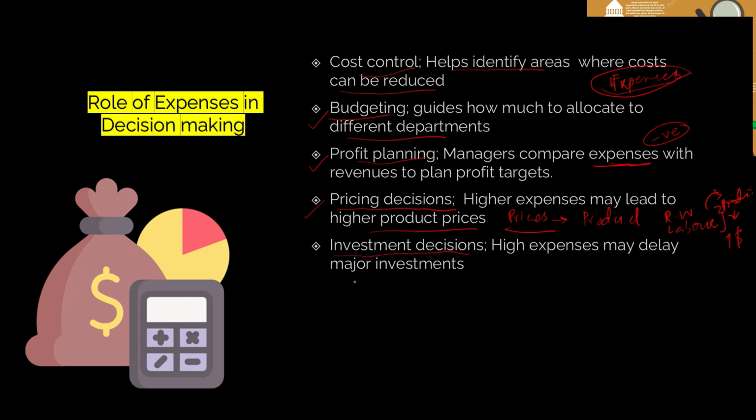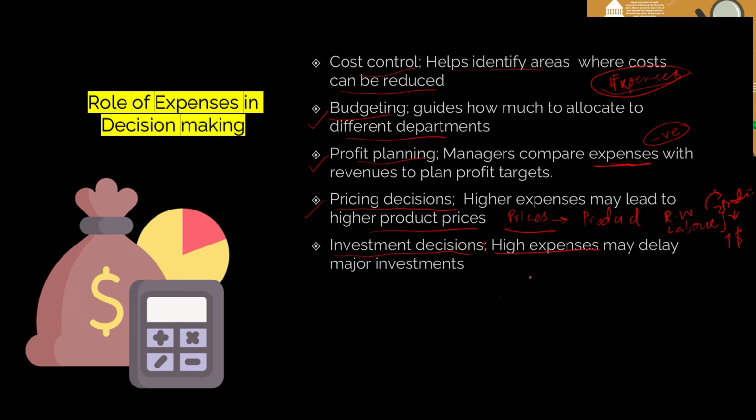Then, high expenses may delay major investments. If your business expenses are very high, then definitely you are unable to pay your business's other liabilities. Also, you will have less income to invest somewhere in stocks, bonds, or anywhere, or maybe in your own business for your business expansion and growth. You cannot do it. So in that place again, expenses are important to understand.